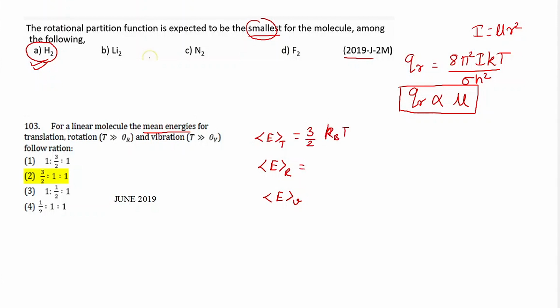3/2 kBT. For rotational, T is greater than theta r. So for T greater than theta r, this is the value of the rotational partition function, and the molecule is a linear molecule.